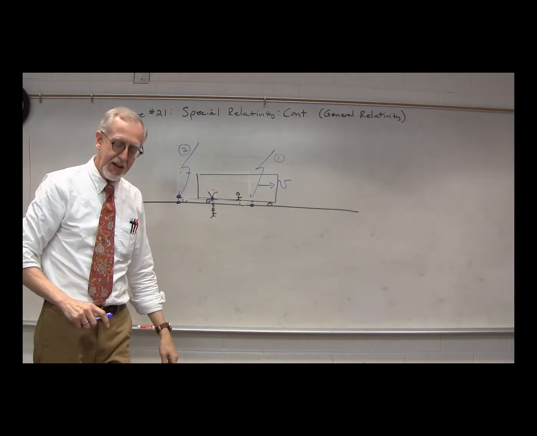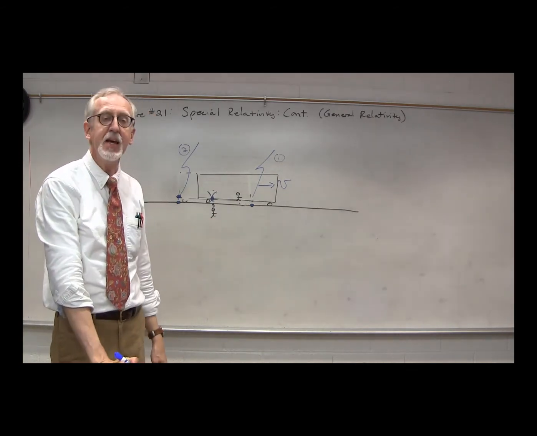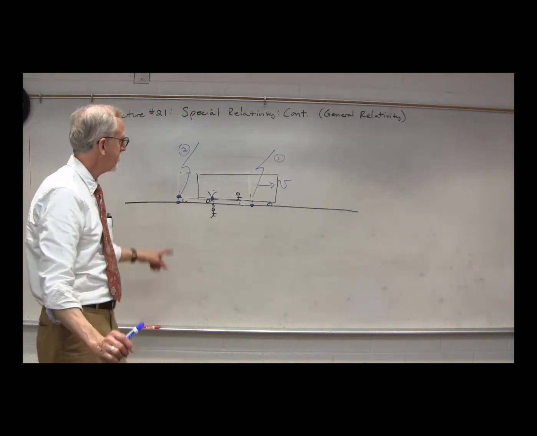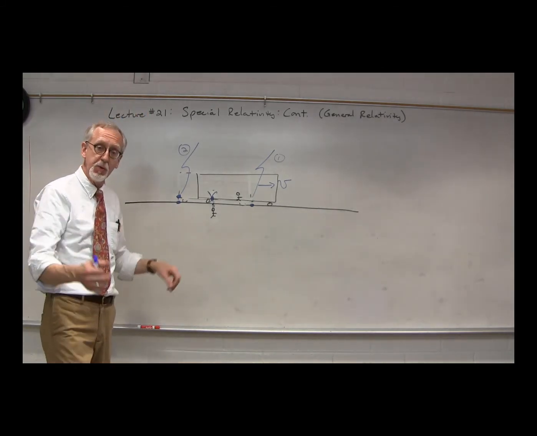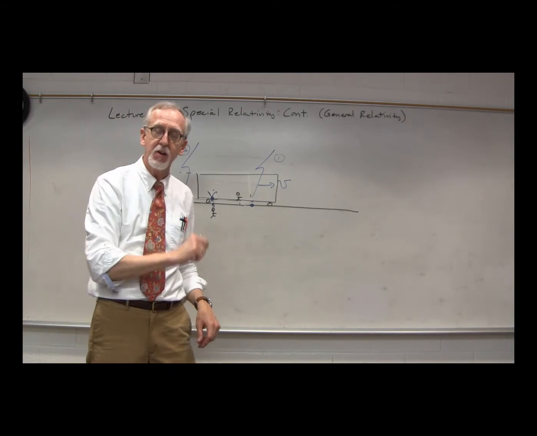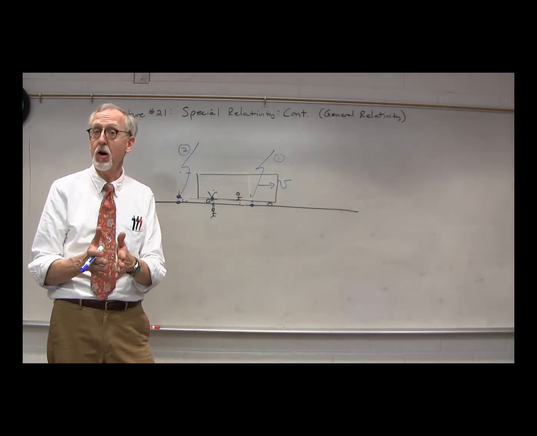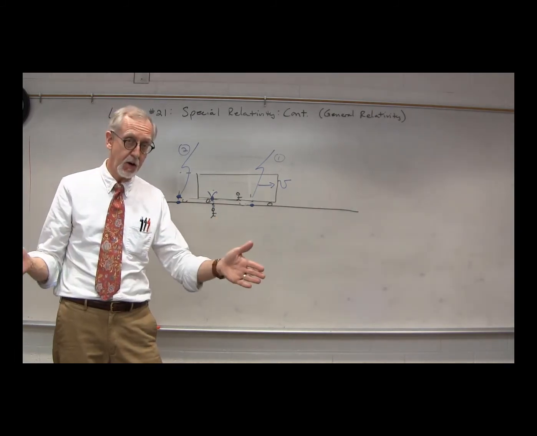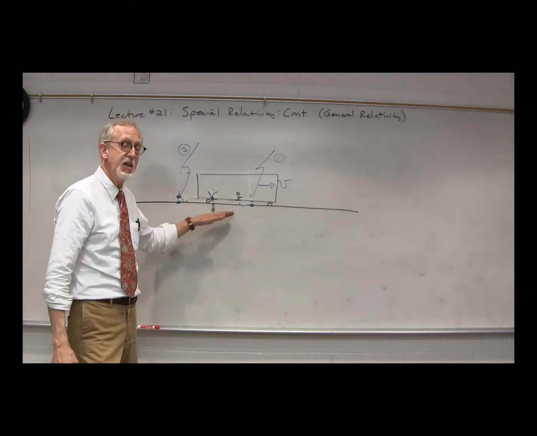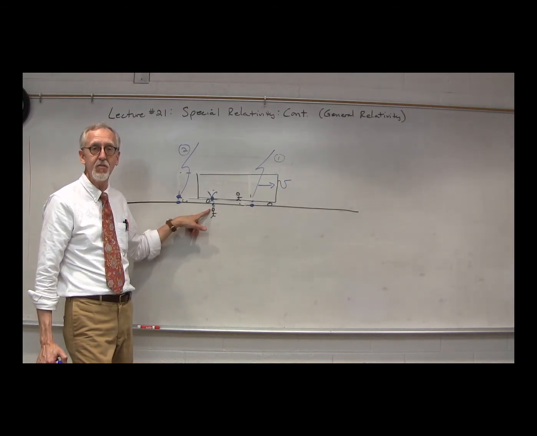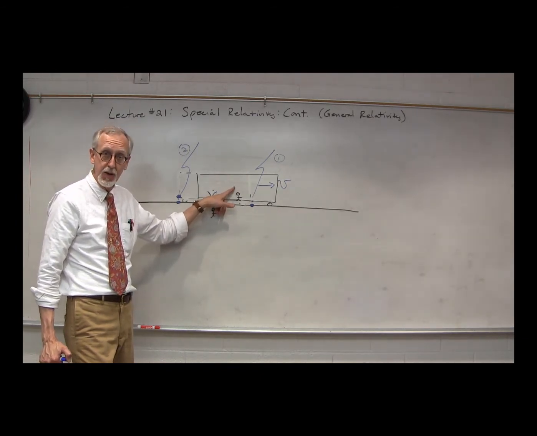So the question I asked in the very beginning of the first lecture, when I did the demonstration of snapping my fingers, where it was possible for the distance between two events to be 0 in one frame and not 0 in another frame, it is possible for the time between two events to be 0 in one frame and not 0 in another frame.